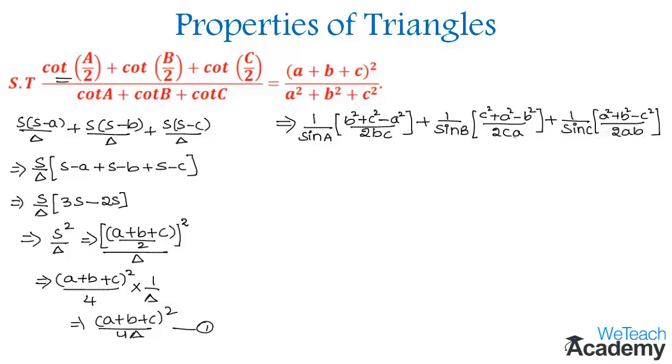And then by multiplying the terms, we get b square plus c square minus a square divided by 2 into, and now in the denominator let us multiply and divide by 2.